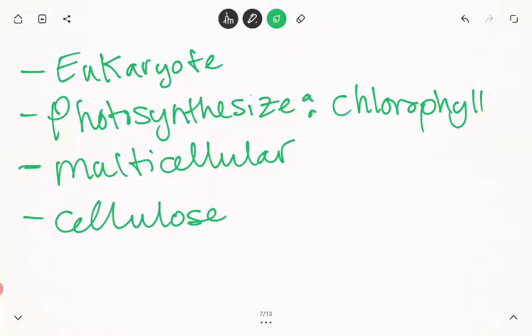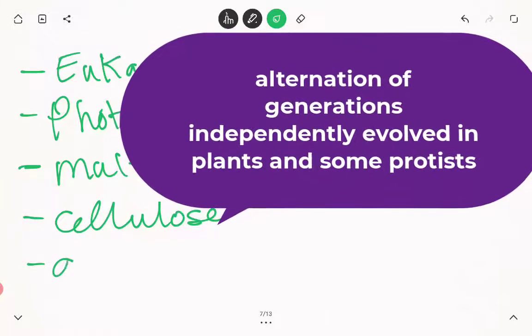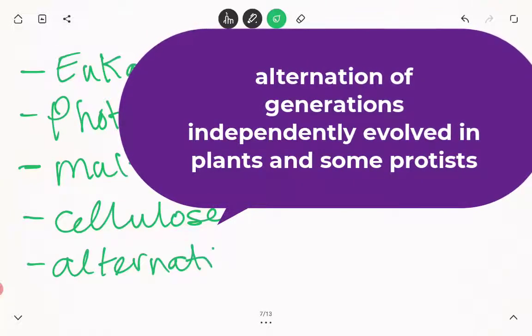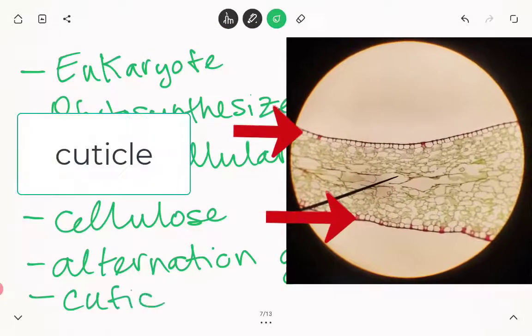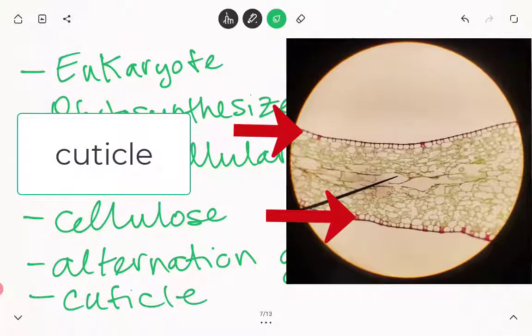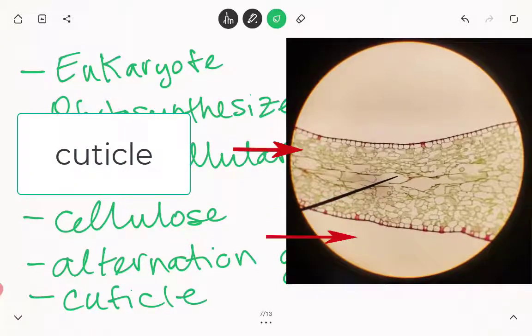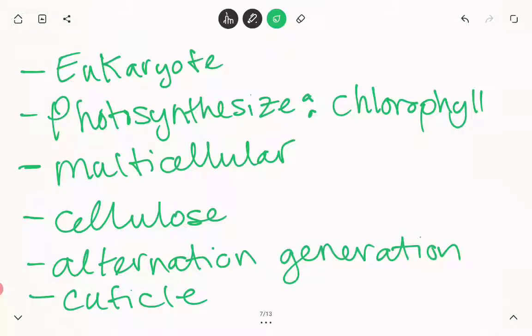We're also going to talk about something unique to plants, which is called alternation of generations, which is basically how plants reproduce. And then lastly, plants have a structure called a cuticle, which is an outer layer to their leaves that is there to prevent water loss.